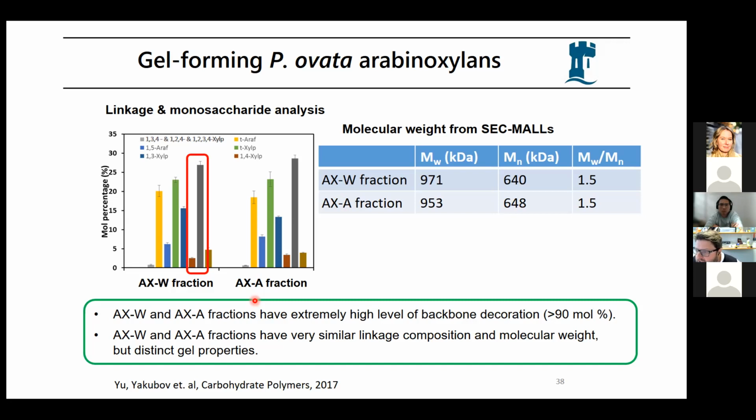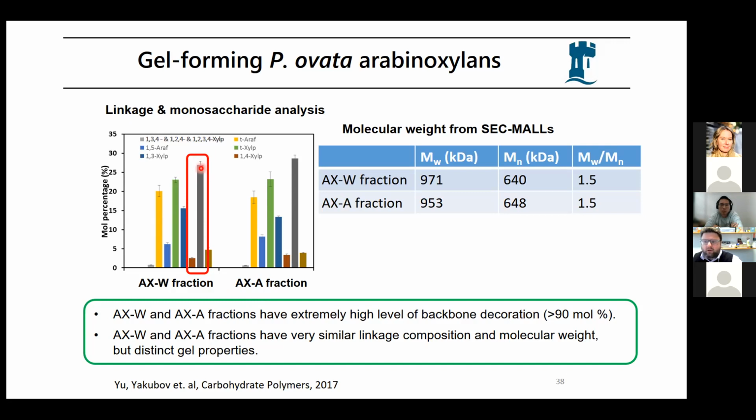The second thing, as you can see, is the huge amount of 1,3 xyloses. The biggest decoration that we have is this 1,3 xylose, and this is a very unusual linkage in the plant kingdom. You can find it in algae, but you can't find it in the plant kingdom. The monosaccharide composition of the water-soluble fraction and the alkaline-soluble fraction is almost identical.